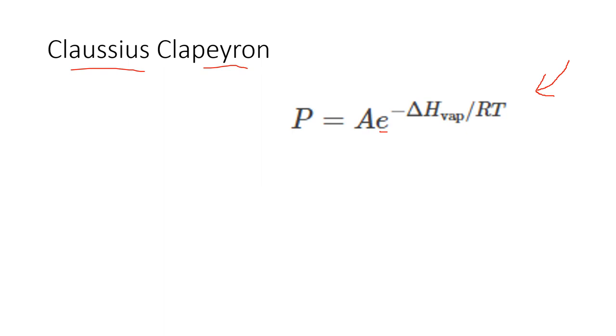It should be available to you on your calculator, and you should have done exponential functions by now. And e is raised to the negative delta H vaporization divided by R, that's our typical gas constant, T is our temperature in kelvins.